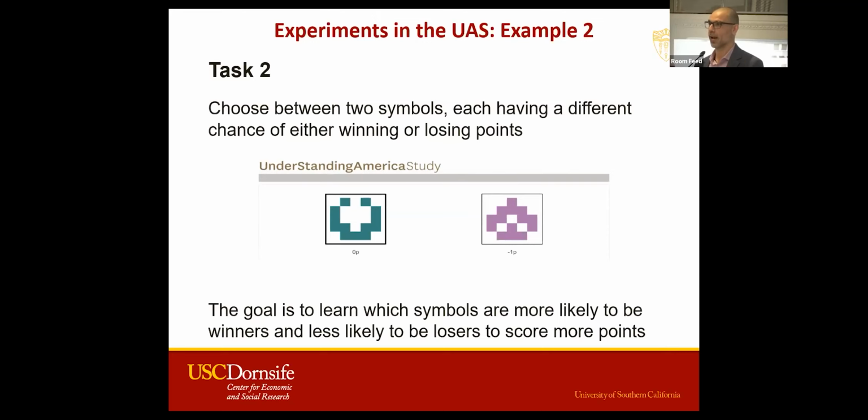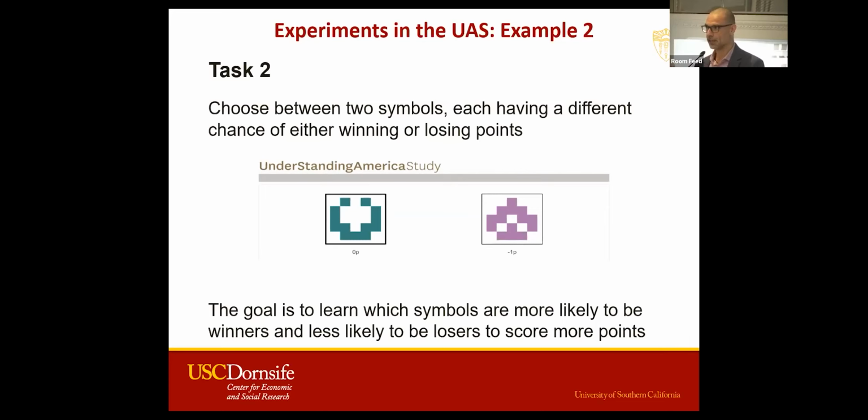I believe it's 150 pairs, where you have to try to pick the losers and the winners. And then there is the game phase, where you have to play and try to remember as much as possible from the learning phase. The objective here is to understand if people learn more from punishment, so they try to remember more the losers, or from rewards, they try to remember more the winners.